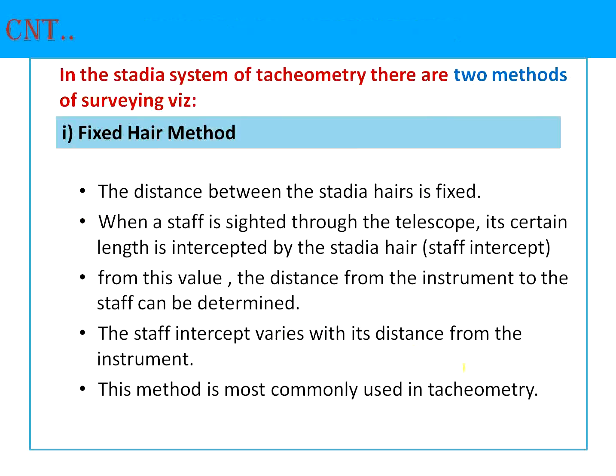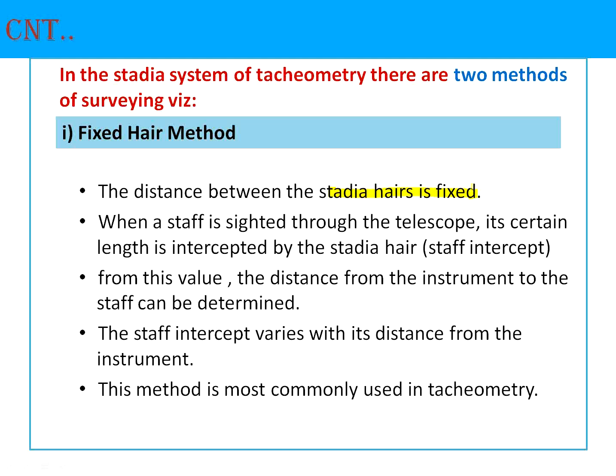Now, there can be two methods under the stadia system: the fixed hair method and the movable hair method. In the fixed hair method, as the name itself suggests, the distance between the stadia hairs is fixed.